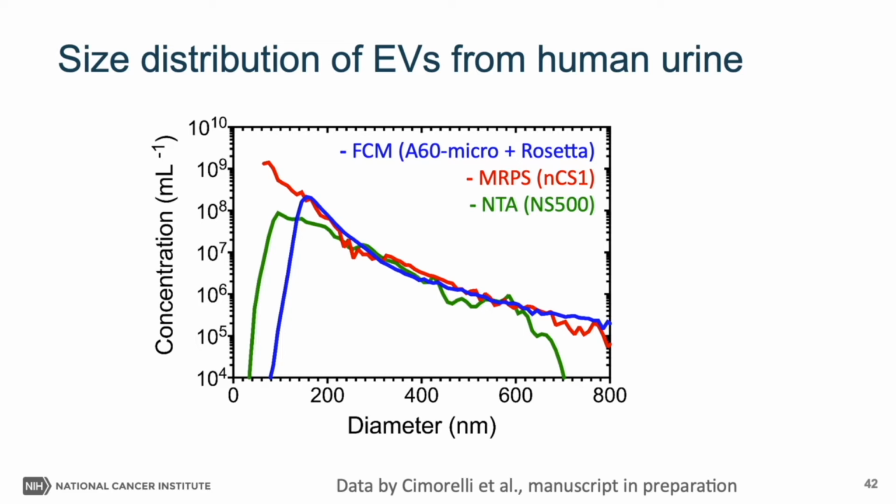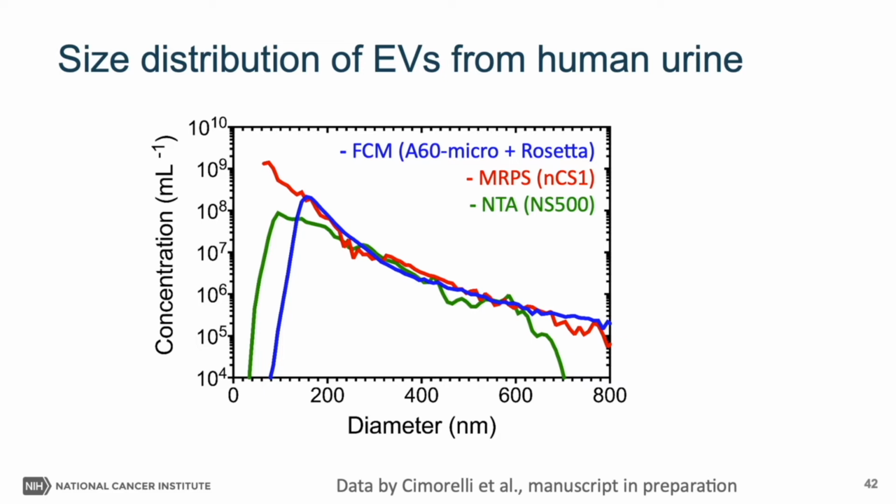Above 200 nanometer, nanoparticle tracking analysis also follows resistive pulse sensing and flow cytometry. However, below 200 nanometers, nanoparticle tracking analysis underestimates the particle concentration, as confirmed previously by Philip et al. and Gross et al. for other polydispersed samples.